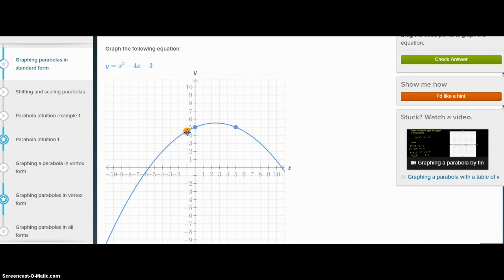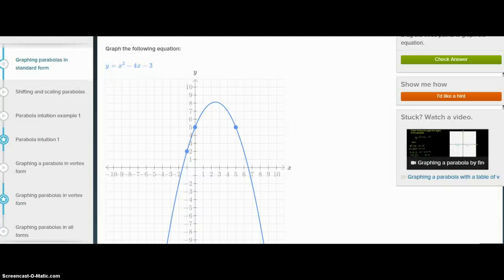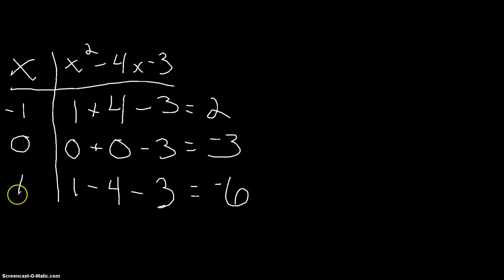When x is 0, y is negative 3. And when x is 1, y is negative 6.